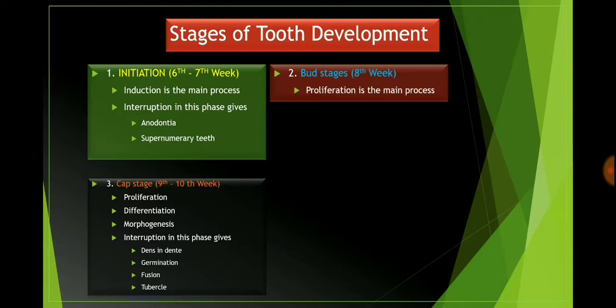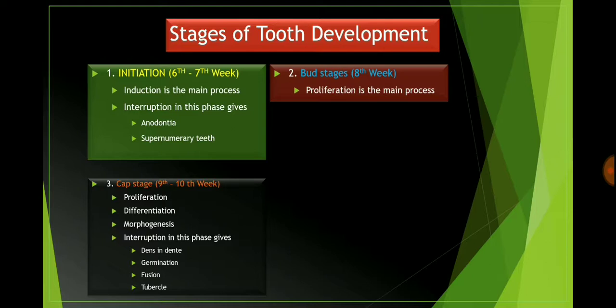The main processes of the cup stage are proliferation, differentiation, and morphogenesis. Differentiation, as we saw in the previous lecture on the primary dentition, is differentiation of the epithelium, starting to invaginate, forming a cup-like structure, and this cup-like structure is going to further invaginate and form something which looks like a bell. And then morphogenesis, meaning it starts forming shapes.